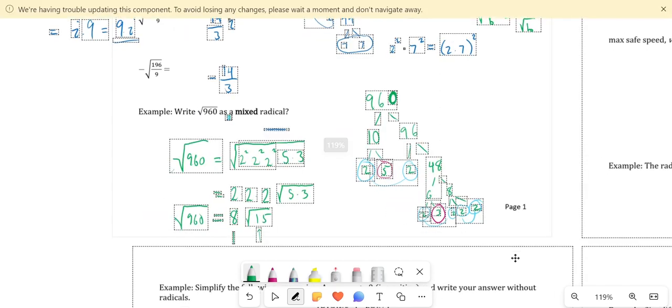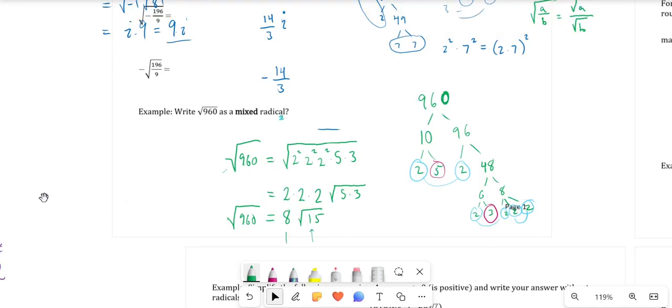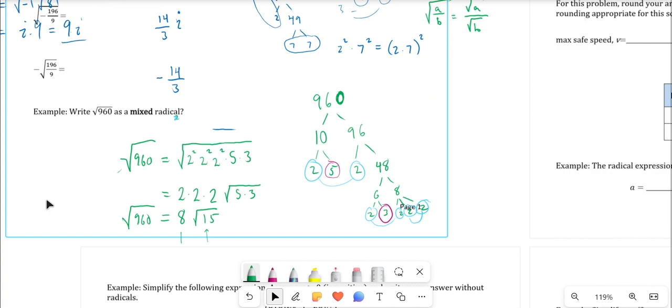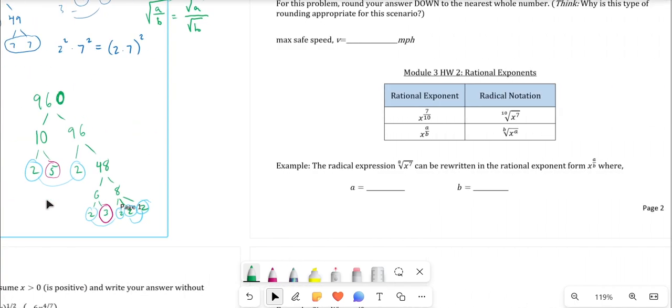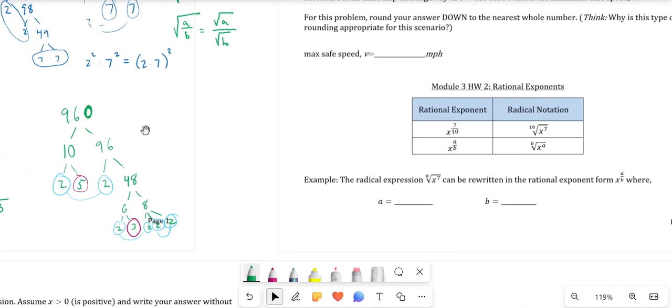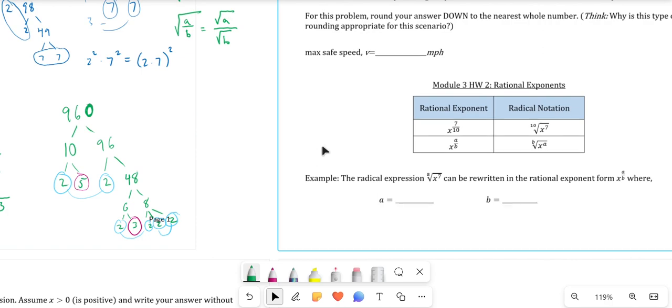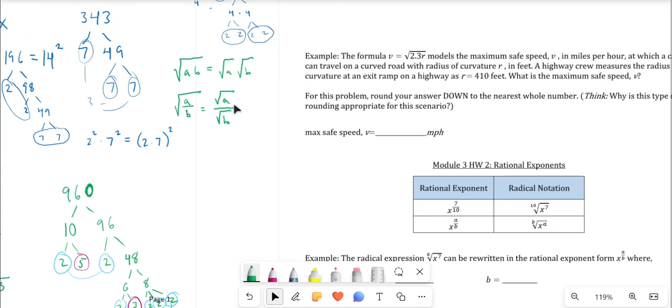Okay. So let's move on to the next sheet. How did this guy move? I could have sworn he was locked, but well.